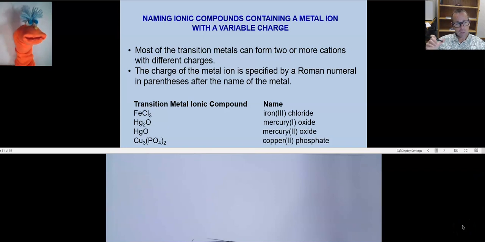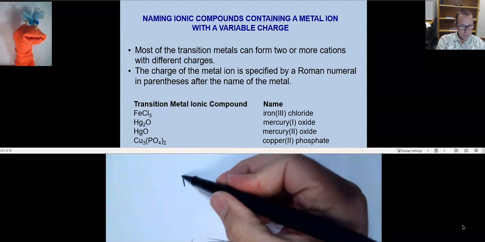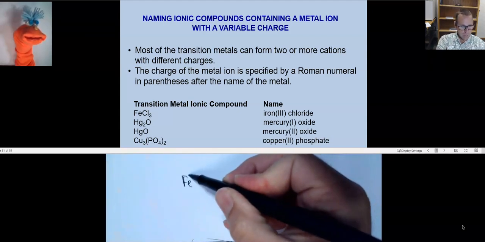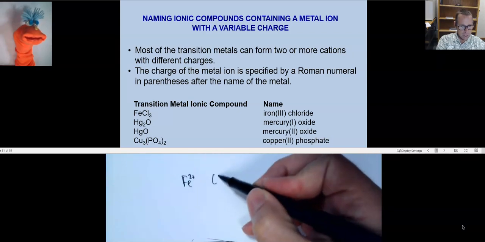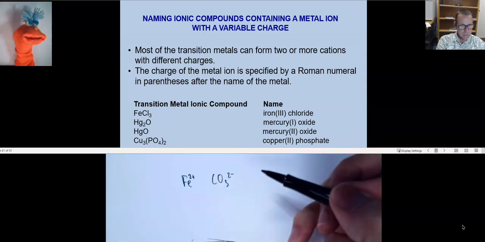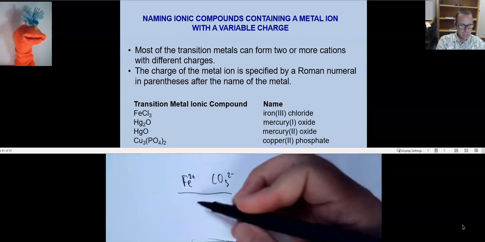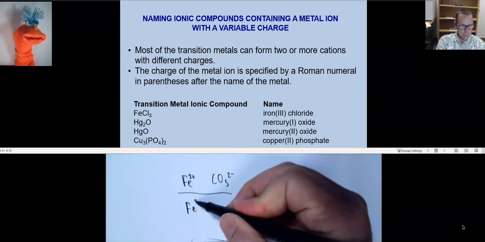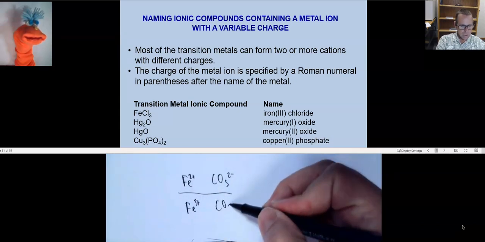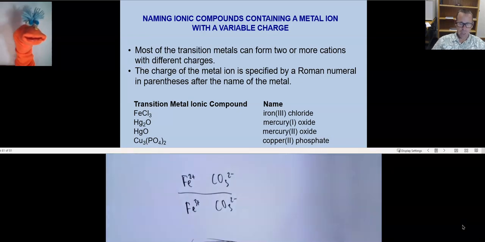Well, what you need to know is, did they buy iron carbonate with an iron that has a +3 charge, or iron carbonate that has iron with a +2 charge? So for example, iron carbonate, where I have a 2+ iron coming together with CO3 2-, that combination is going to be different than iron carbonate with the 3+ and the CO3 2-, right?